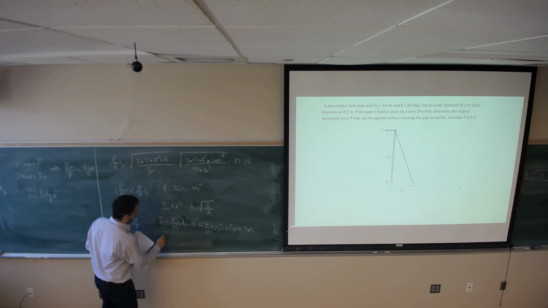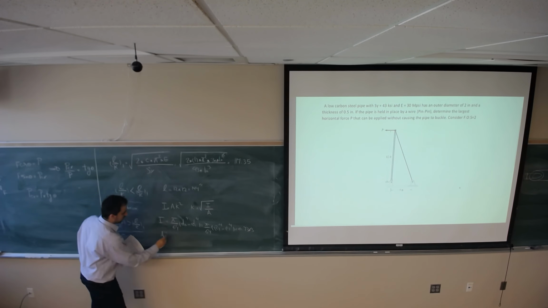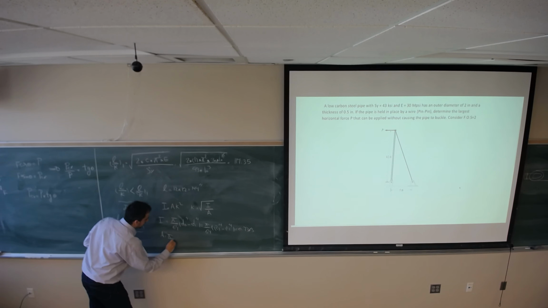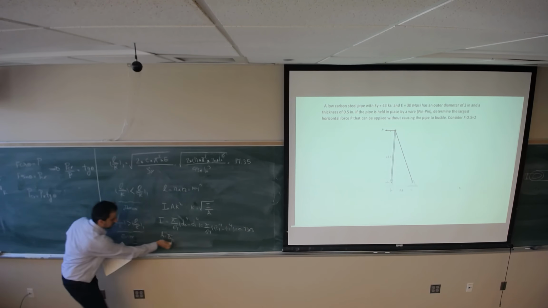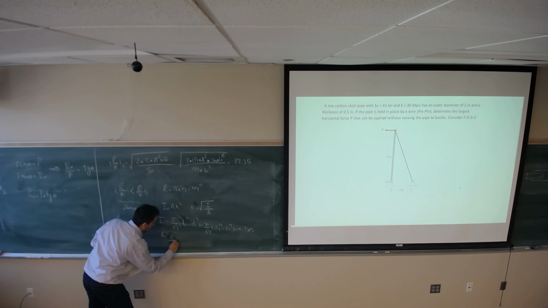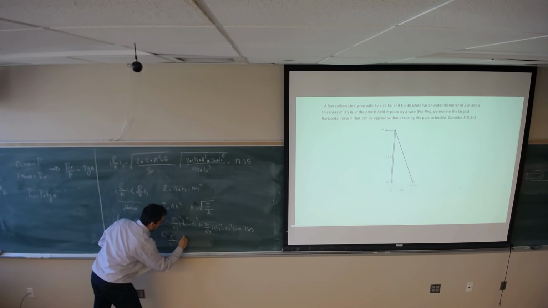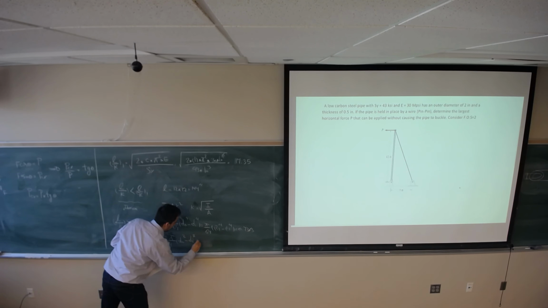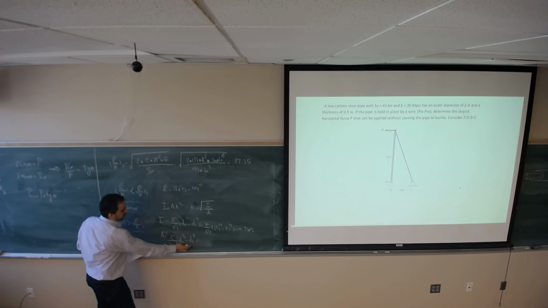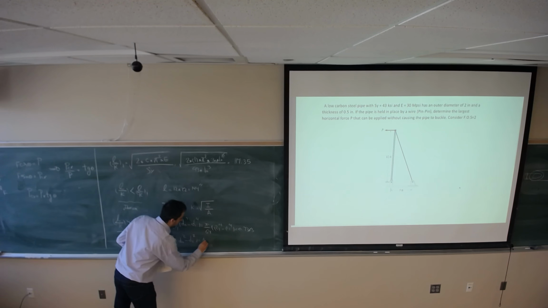The area is pi over 4 times d outer squared minus d inner squared.